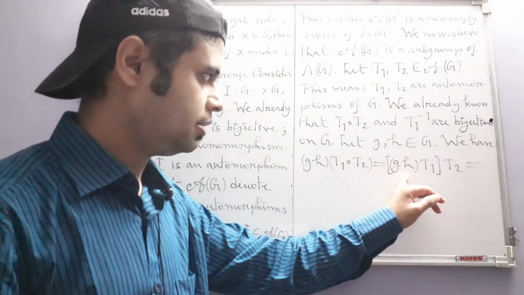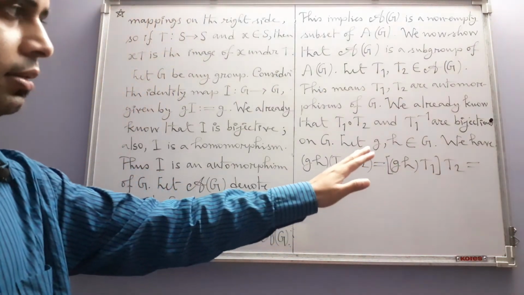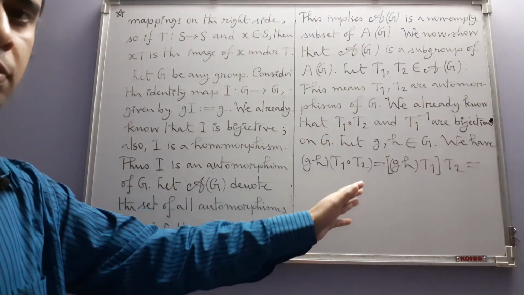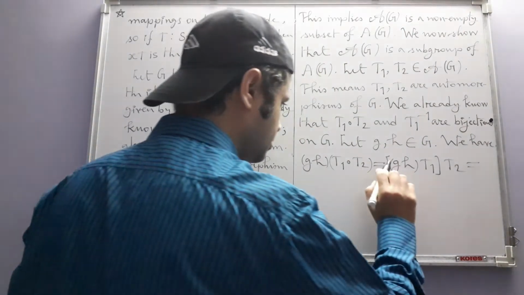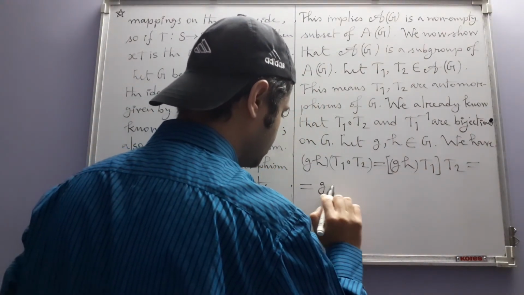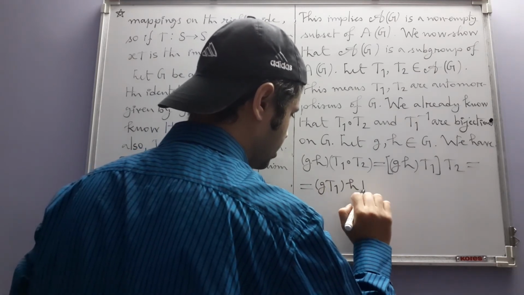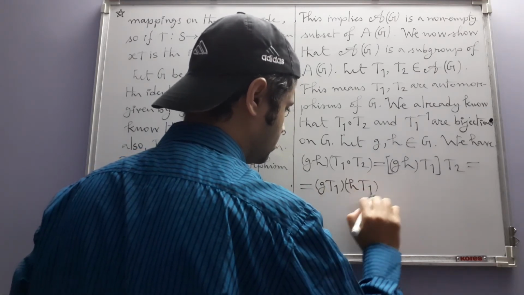Now since G and H are in G and T1 is a homomorphism of G, this inner element is equal to GT1 HT1.